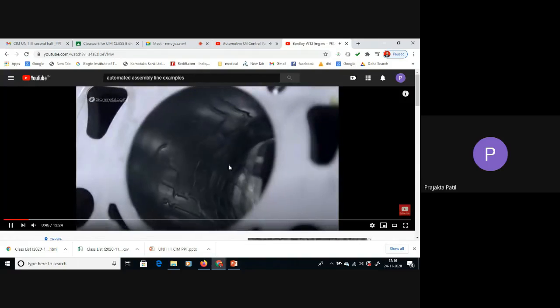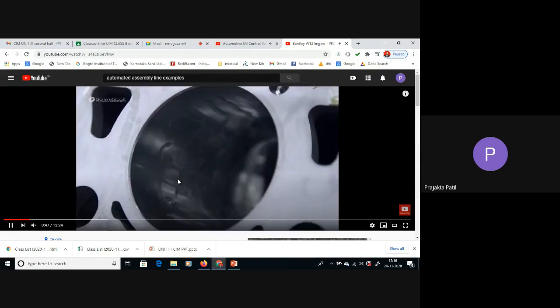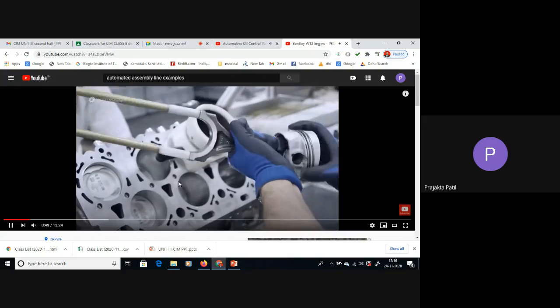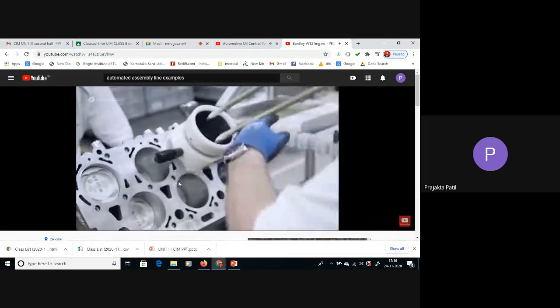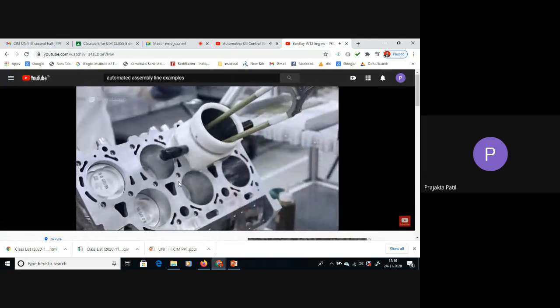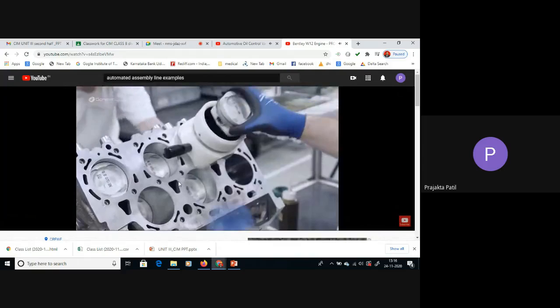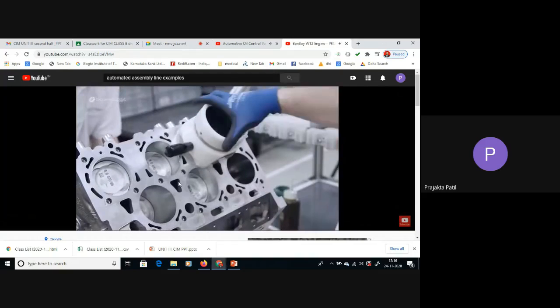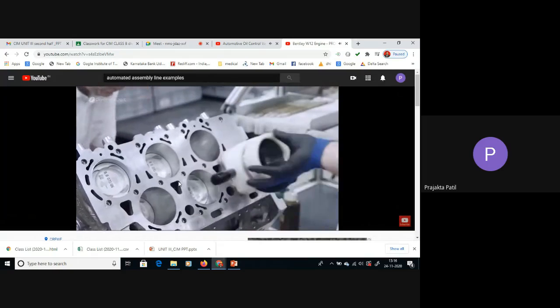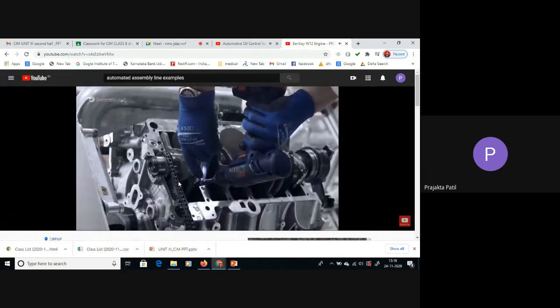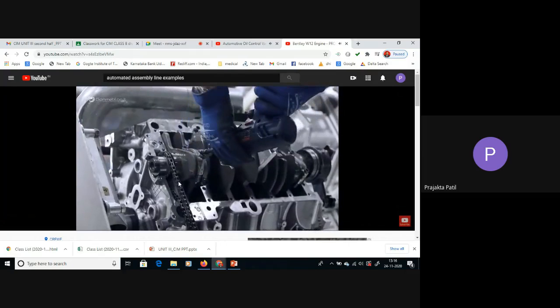See, there is some lubricant which is sprayed inside. You have the pistons, cylinder arrangements. See how things are assembled, the amount of precision and accuracy that is required, the fastening that is done.